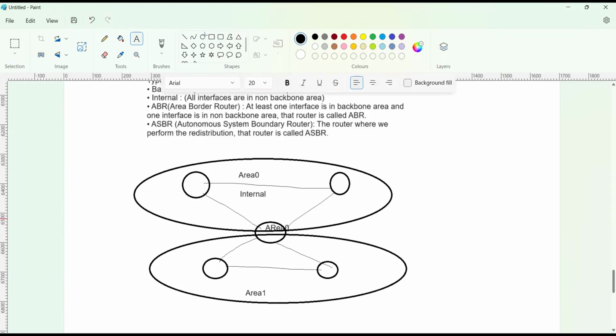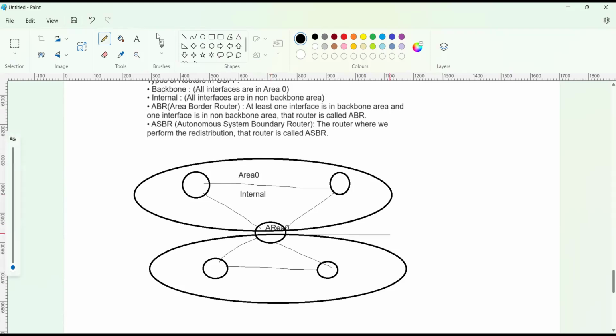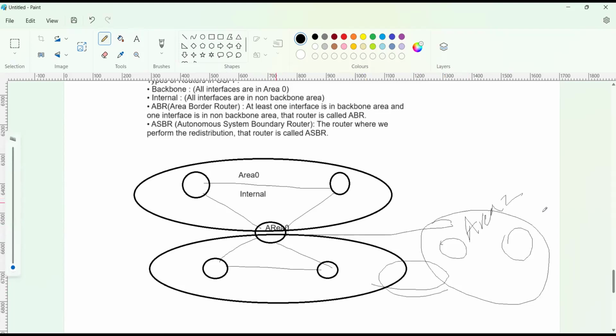You can assume here we have another area also, connected likewise, a different area, area 2. Area 2 and area 1 won't form neighborship. We need the backbone area in between; the area 0 concept is required. Otherwise they won't connect. Area 0 is a must.